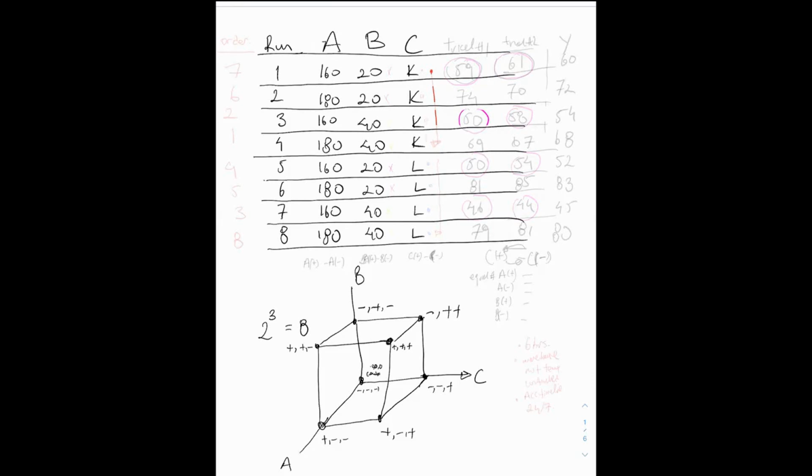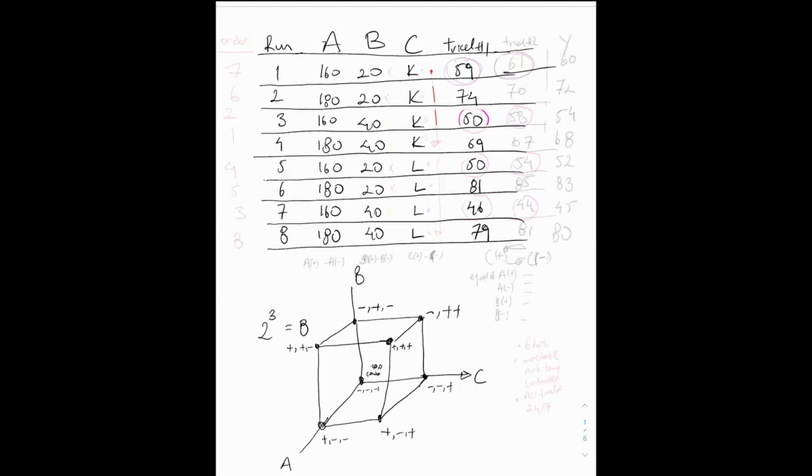And you have done 2 trials. You have done trial number 1, and the results were 59, 74, 50, 69, 50, 81, 46, and 79.